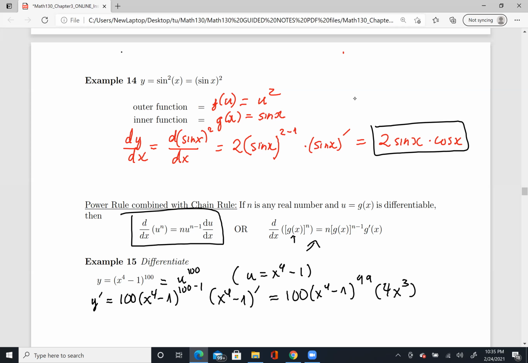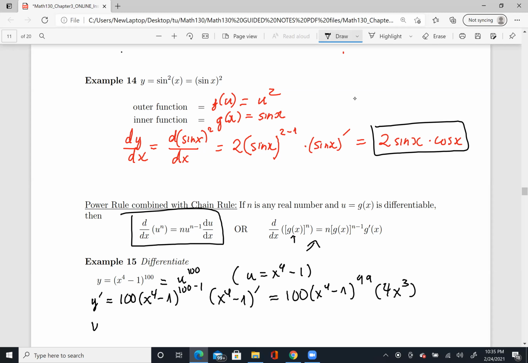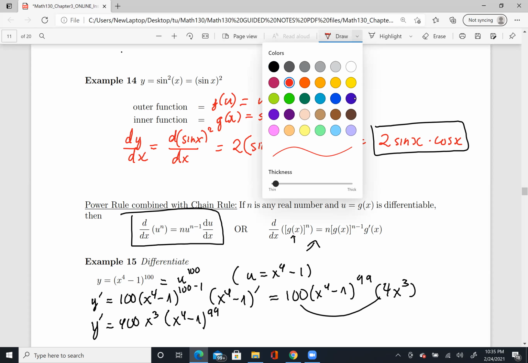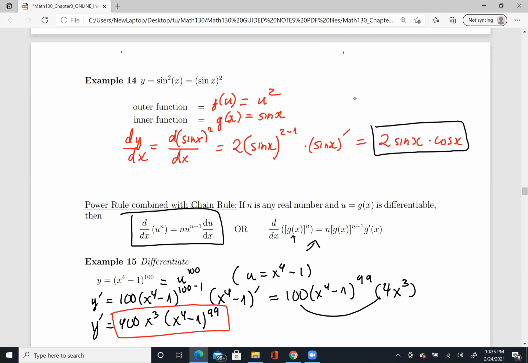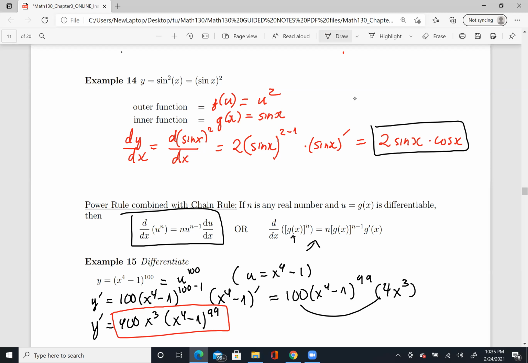Okay, if we want to combine and simplify everything, we should have the derivative of y equal to 400 times x to the power 3 times x^4 minus 1 to the power 99. So that should be the answer for this problem. And then I'm just going to circle this. Okay.